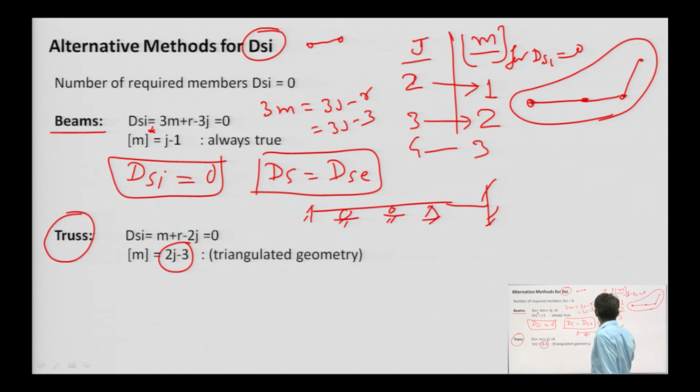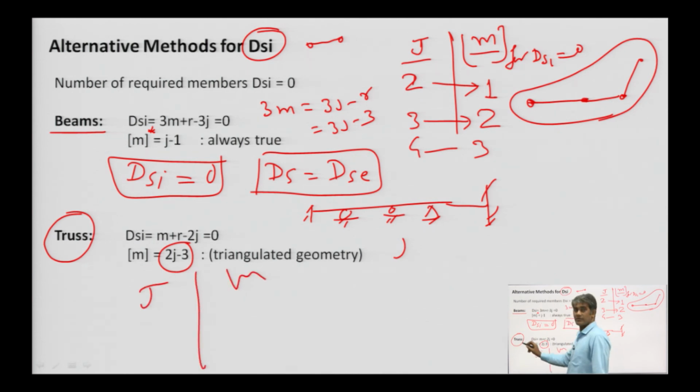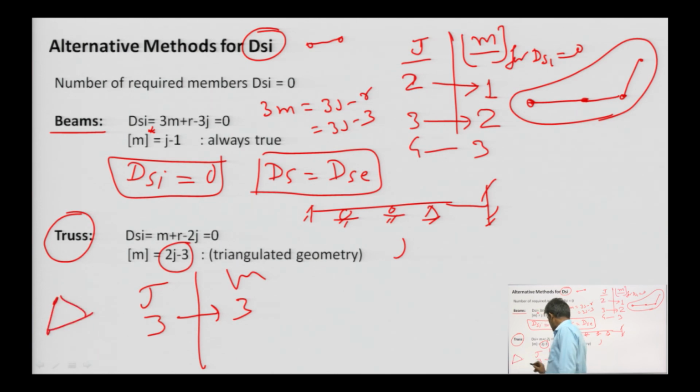In case of truss we need a minimum of 3 joints. Therefore, the number of members required is 2j minus 3; for 3 joints, 6 minus 3 means 3 members. By adding one more joint we get 5 members, and further by adding one more, it is 7.